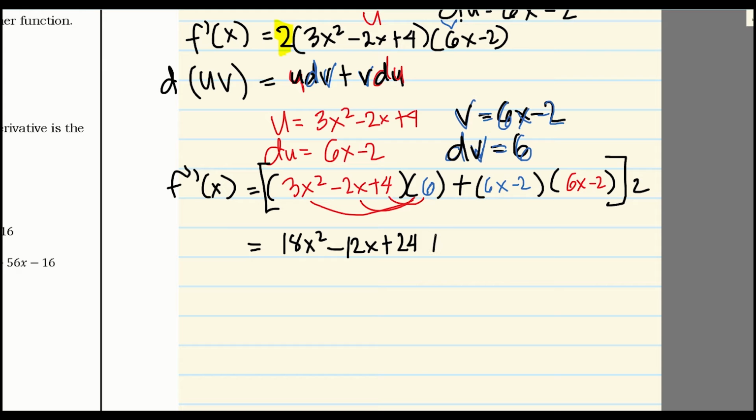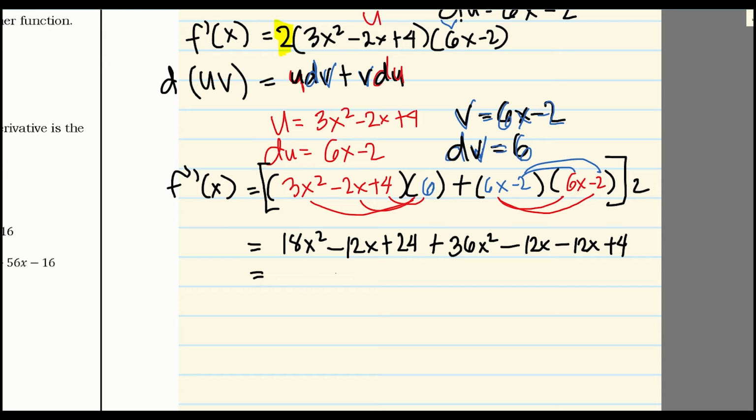Then we have here plus, then we will use this method over here. Then plus 6x times 6x. 6 times 6 is 36x squared. Then minus 12x, then minus 12x again and plus 4.